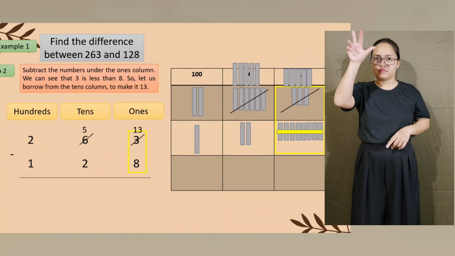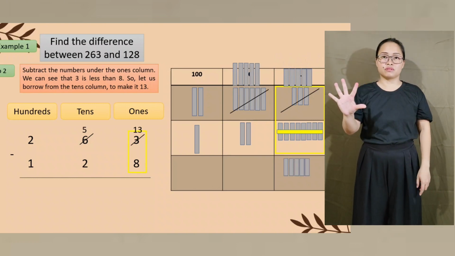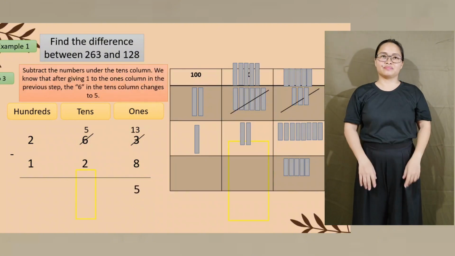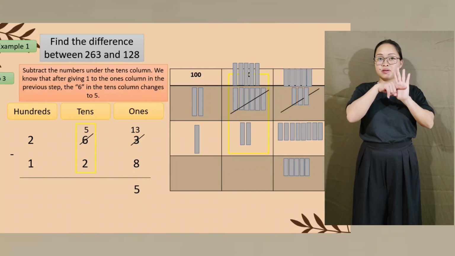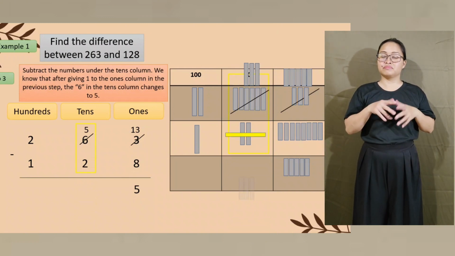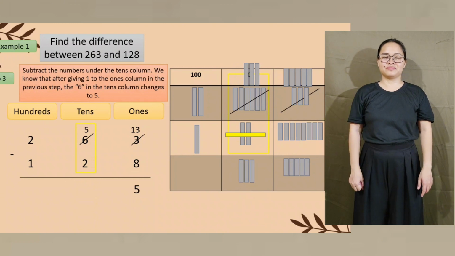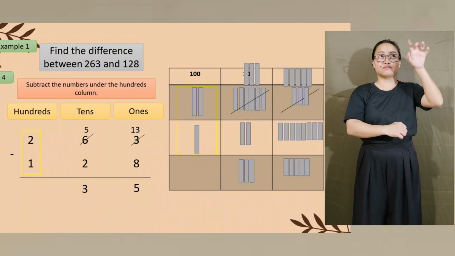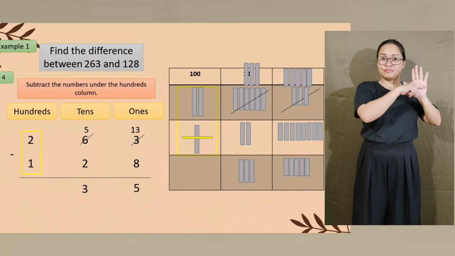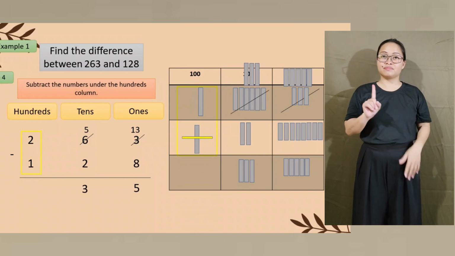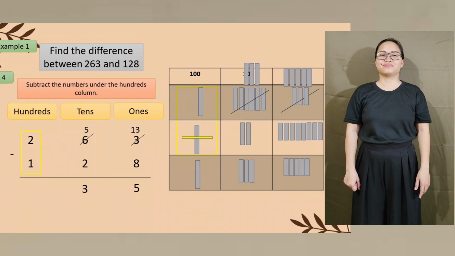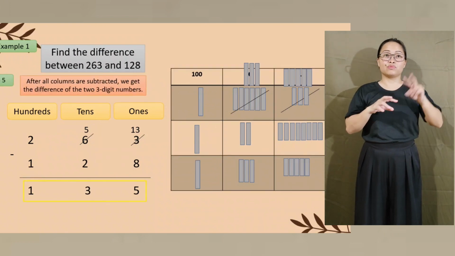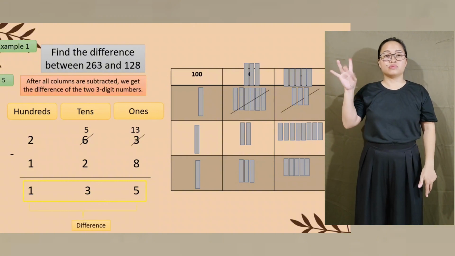The answer is 5. How about in tens place? Now 5 minus 2, we are left with 3. And subtract the digits in hundreds place. 2 minus 1, we are left with 1. So therefore, the difference between these two numbers is 135.